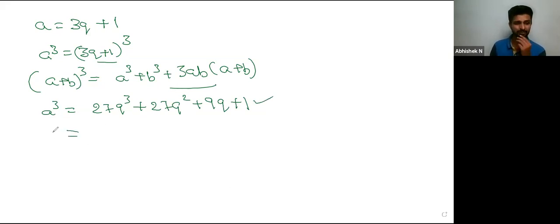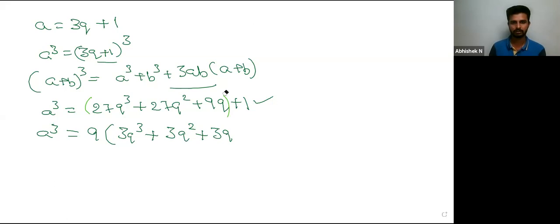And we can further simplify this by taking 9 common out of the first three terms: 9 times 3q cube plus 3q square plus q, and plus 1.